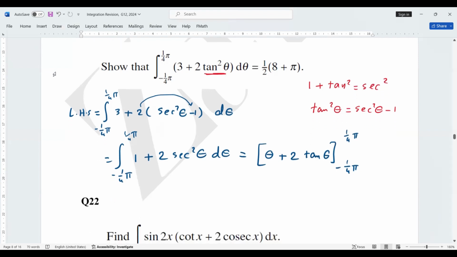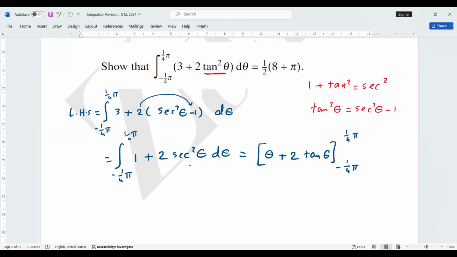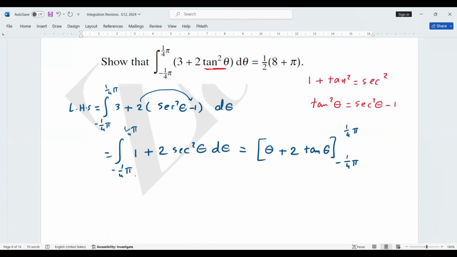Replace theta by quarter pi. Then here, it's a quarter pi plus 2 tan quarter pi. This is the first value. Minus, replace theta by negative quarter pi: negative quarter pi plus 2 tan negative quarter pi.